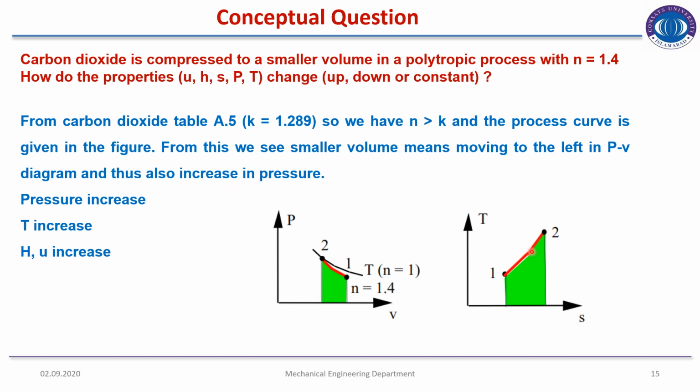In the TS diagram, the temperature is also increasing and entropy is also increasing. So pressure is increasing, volume is decreasing, temperature is increasing, entropy is also increasing, and for enthalpy, H is equal to U plus PV. As internal energy is increasing, therefore enthalpy is also increasing.